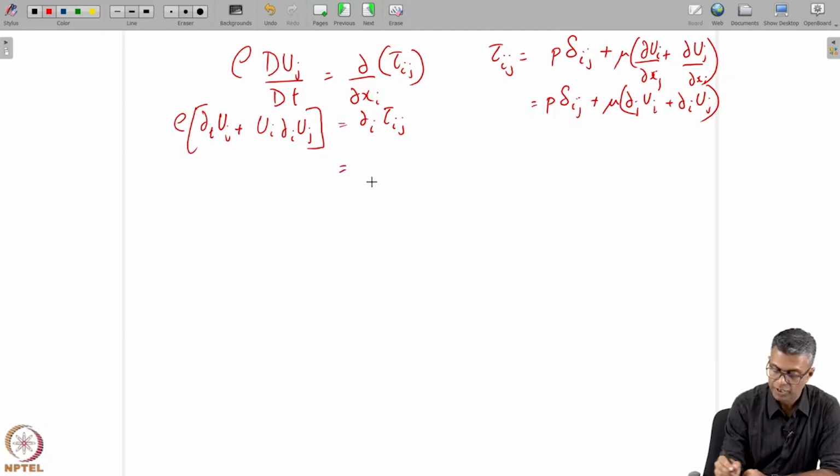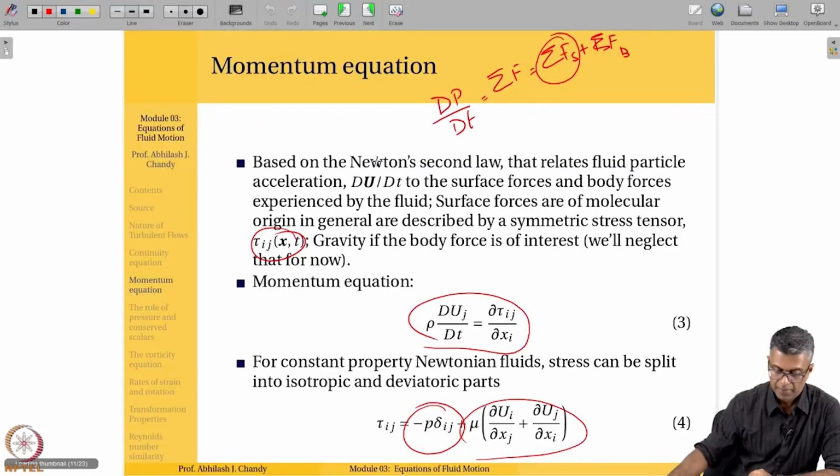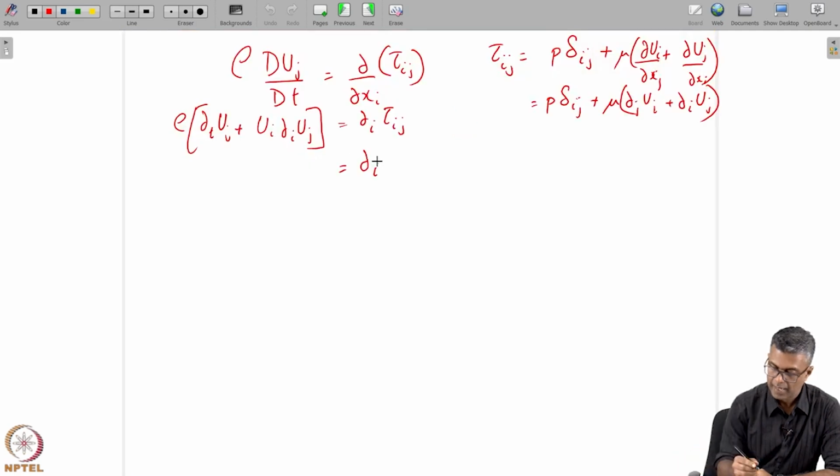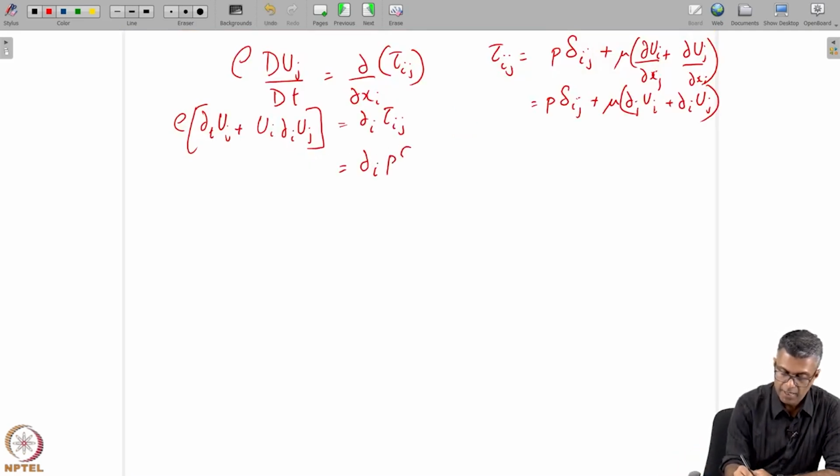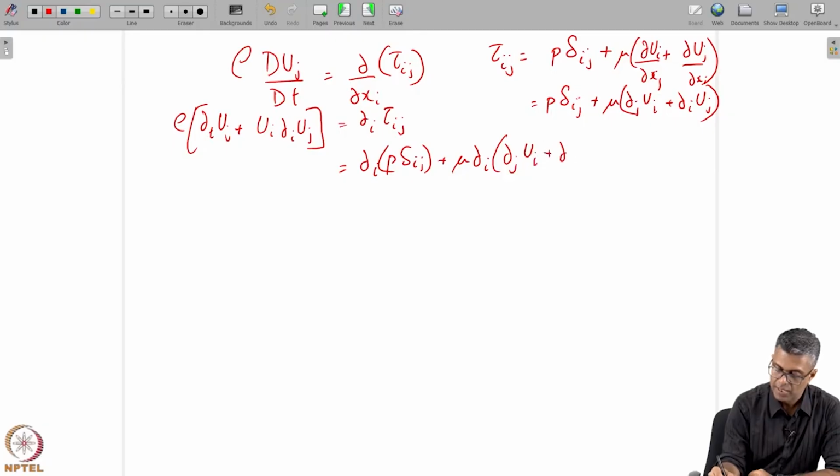And instead of tau_ij, now I will plug in p delta_ij, the isotropic part, and the deviatoric part. So then I have del_i of p delta_ij plus mu del_i del_j u_i plus del_i u_j.